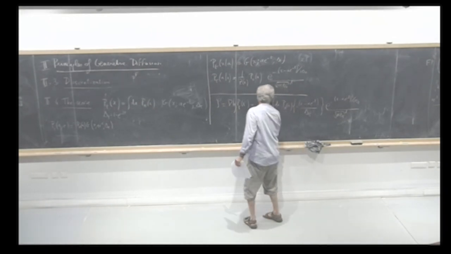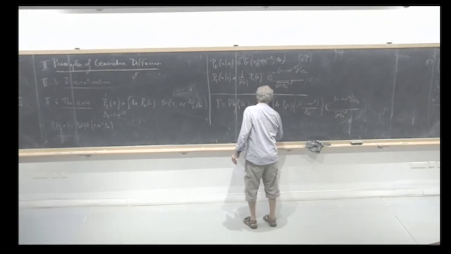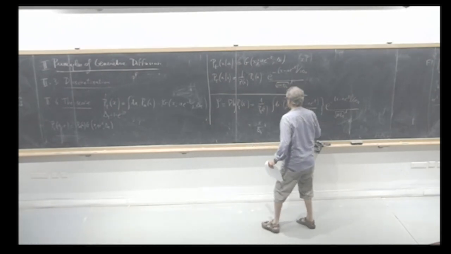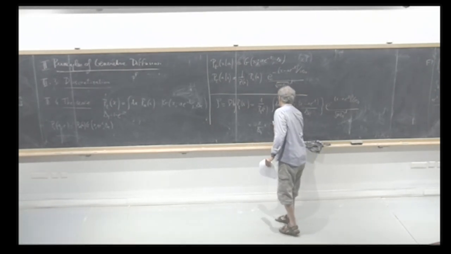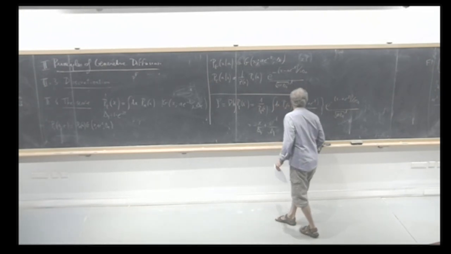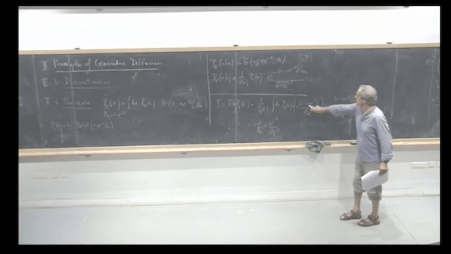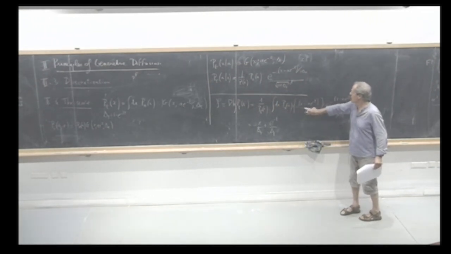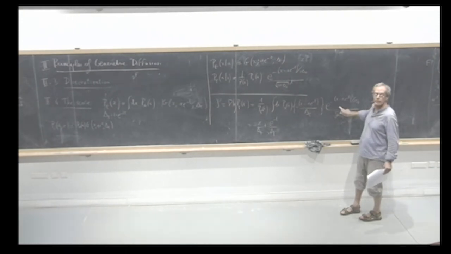So it tells me that the score is equal to minus x over delta t plus something that I can write e to the minus t over delta t times this integral p0 of a times the Gaussian.